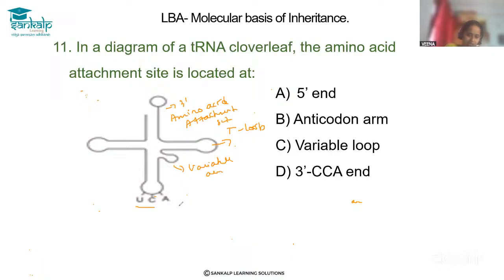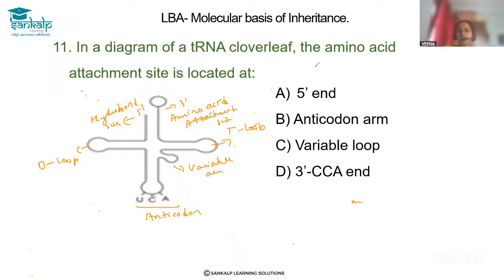Okay, so here these three are the anticodon. Okay, and here it is the D loop, and here it is the 5 prime end. So that is the hydrogen bonding site. Okay, so this is the structure and labeling of the tRNA.